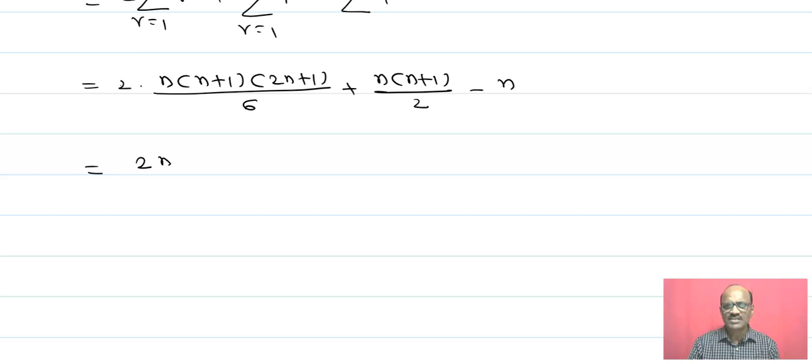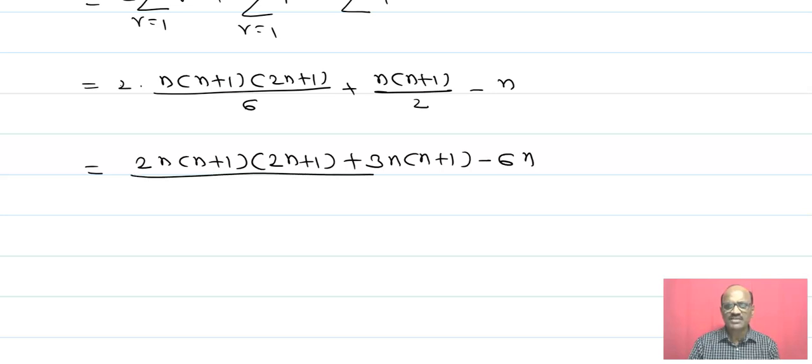Now see this. That is 2n in bracket n plus 1 in next bracket 2n plus 1 upon, by finding out the LCM. Then second is 3n in bracket n plus 1 minus 6n upon 6.